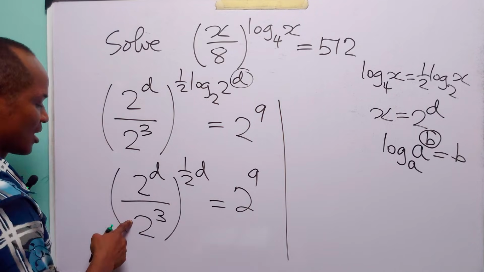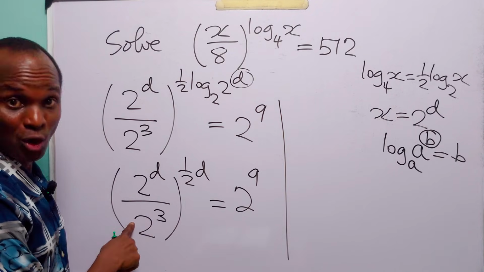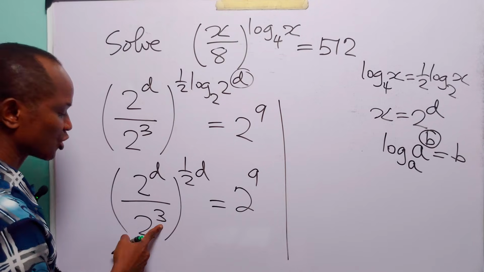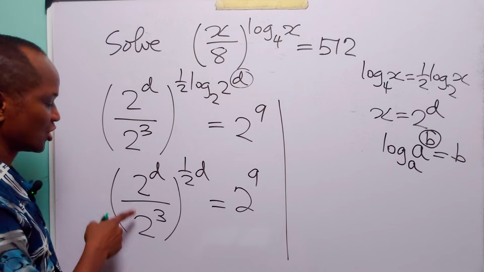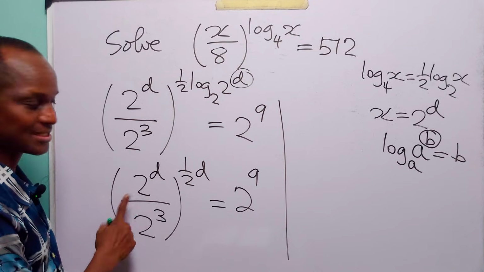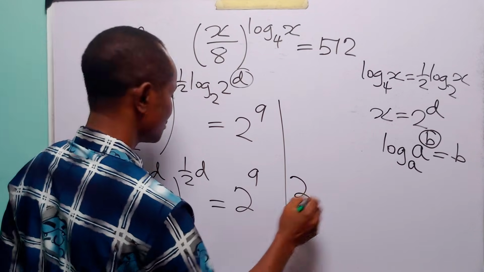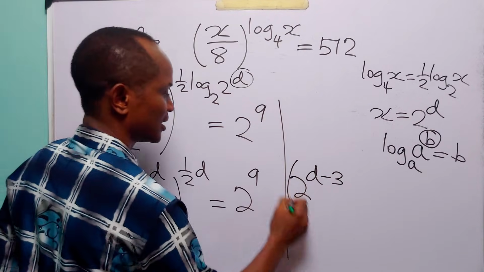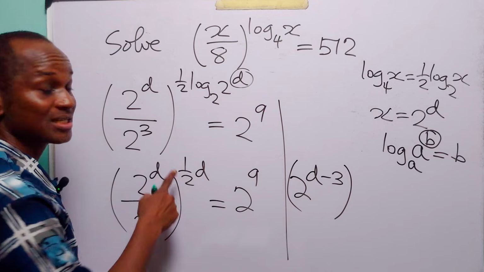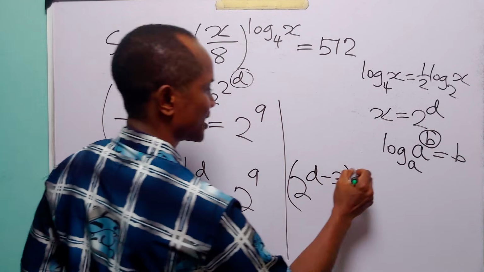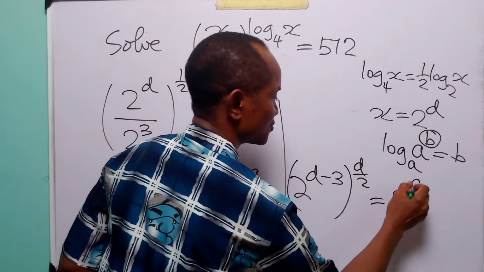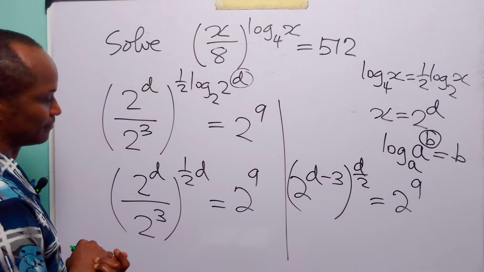Now, remember that when we divide two numbers with the same base, all we have to do is subtract their powers. So we can write this left-hand side as 2 to the power d minus 3, to the power half d, which is d over 2. So here we have d over 2. And of course, this is still equal to 2 to the power 9.